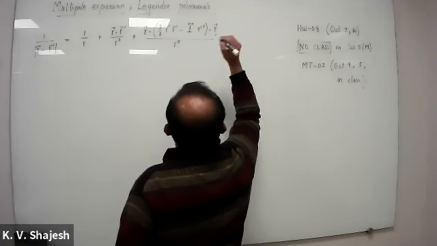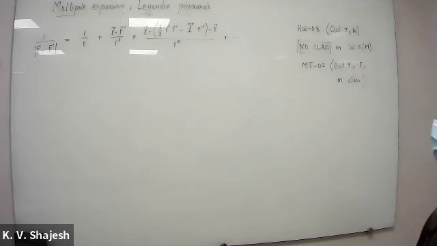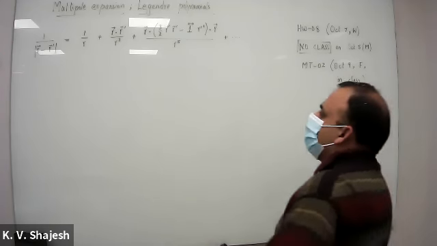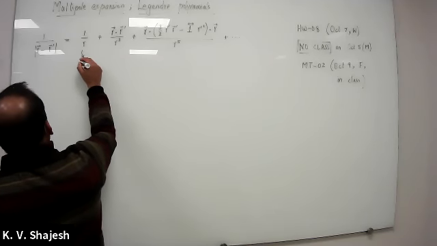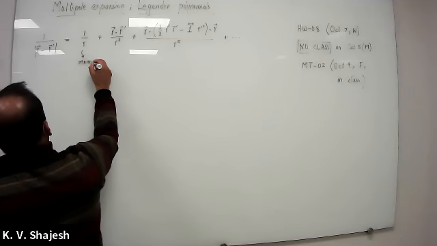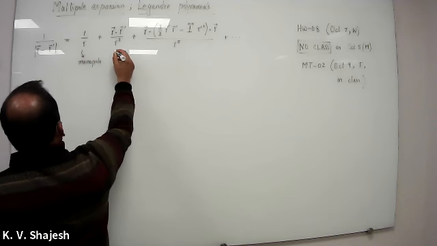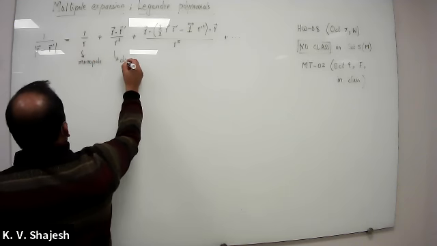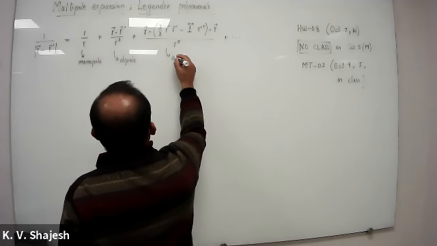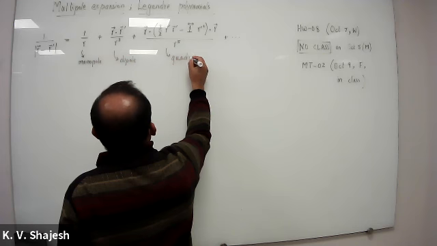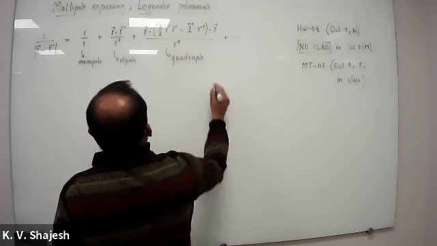Now the claim is there are higher terms. Clearly, this is the monopole term, this is the dipole term, the quadrupole term.